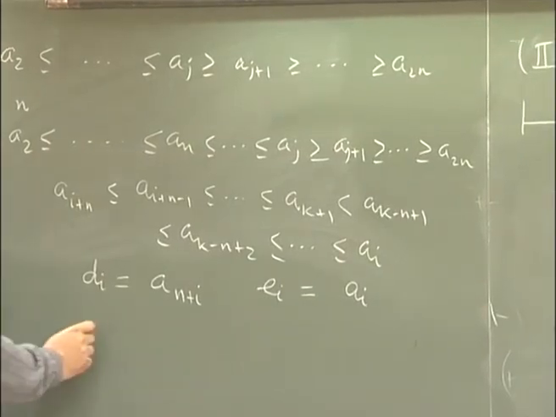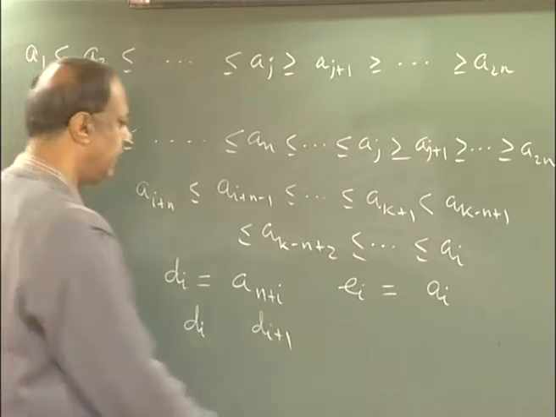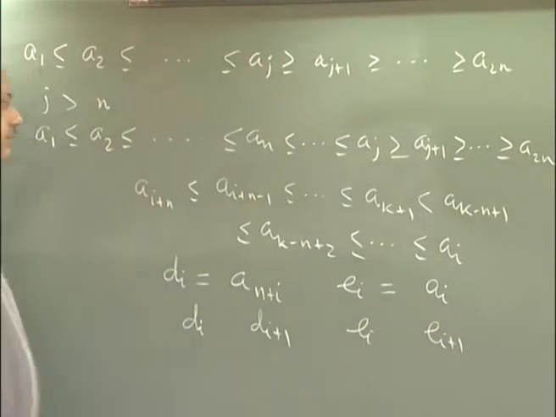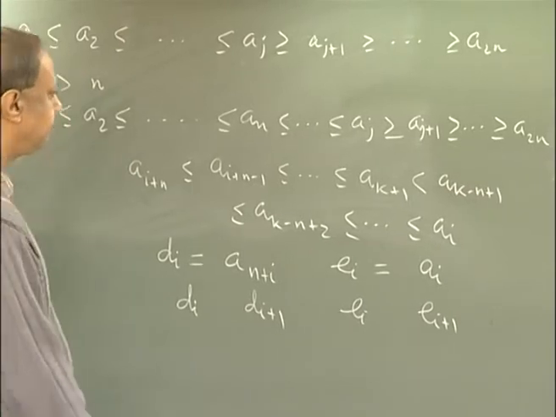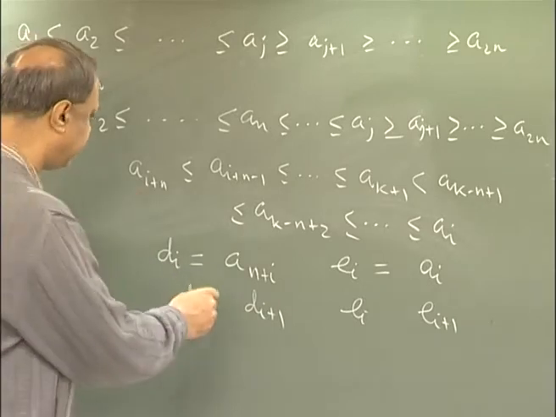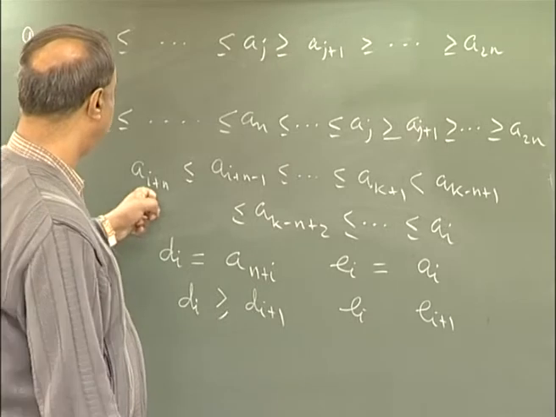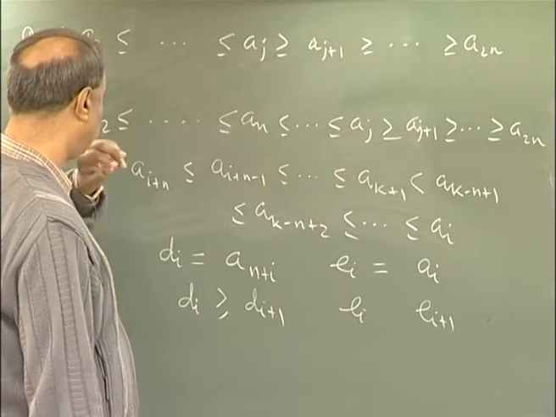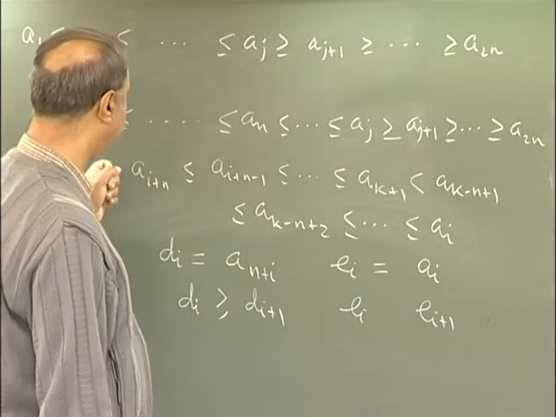Right? And what is the relationship between di and di plus 1? ei and ei plus 1? di is greater than or equal to di plus 1, because di plus 1 will be here.